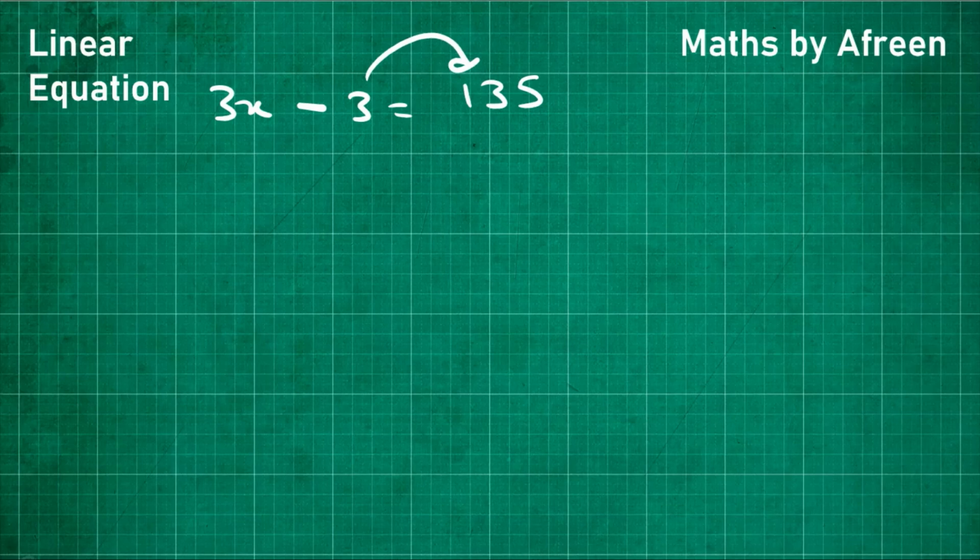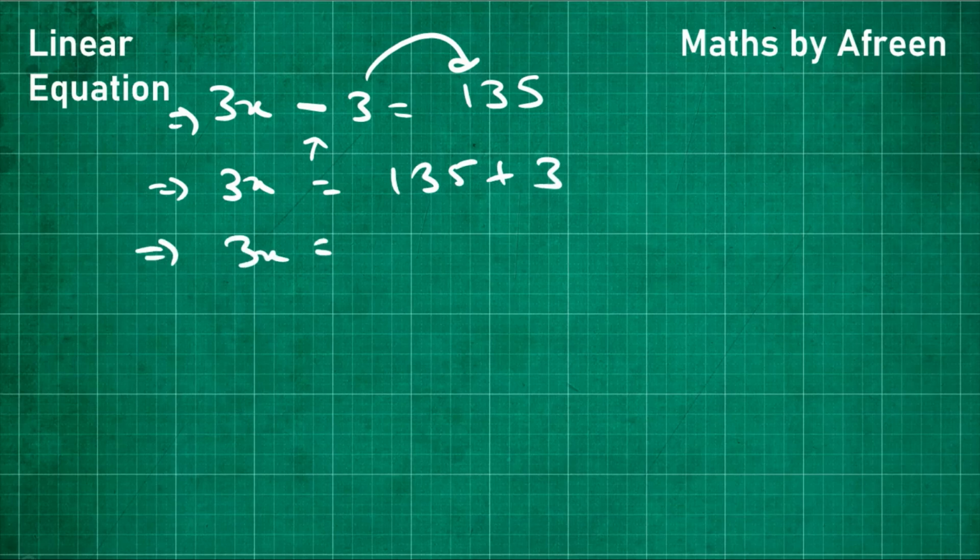Now transpose this from left hand side to right hand side. Transpose this 3, it is minus 3, so it will be plus 3 now. 3x will be equal to 135 plus 3. That means 3x will be equal to 138.